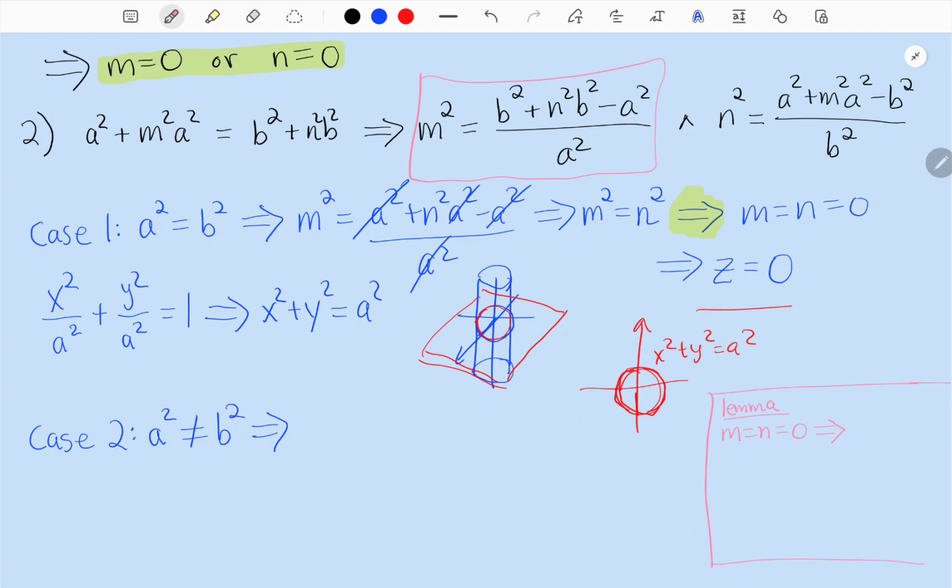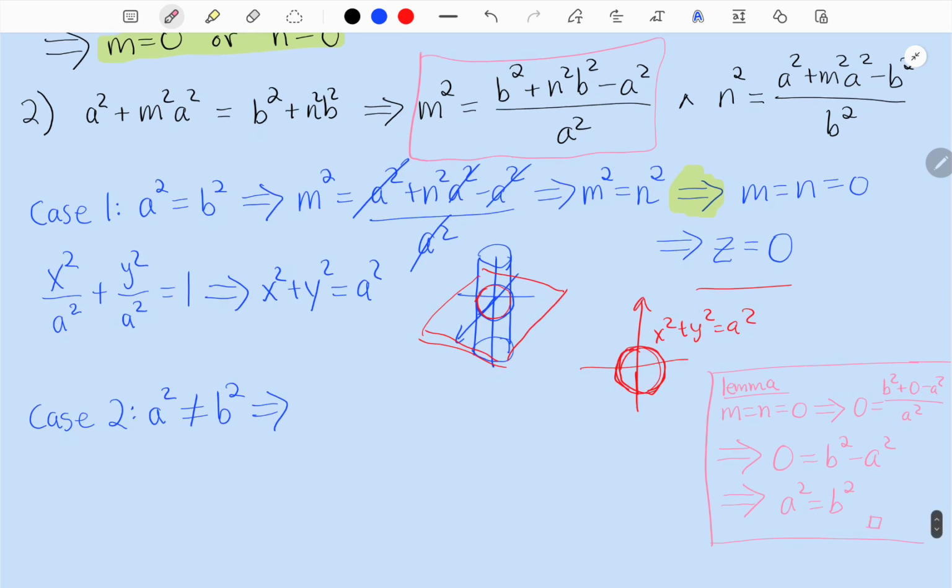This implies that 0 is equal to b squared, and then n is 0, so n squared is 0, and 0 times b squared is 0, and then minus a squared divided by a squared. What does this imply? If you multiply a squared on both sides, 0 is equal to b squared minus a squared, and adding a squared on both sides, a squared is equal to b squared. That completes the converse.